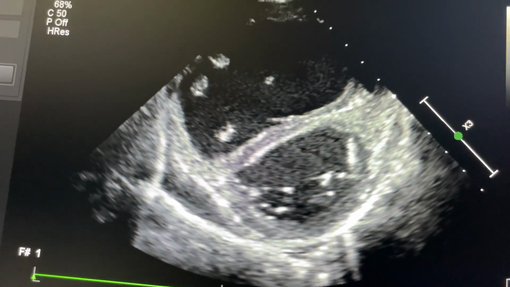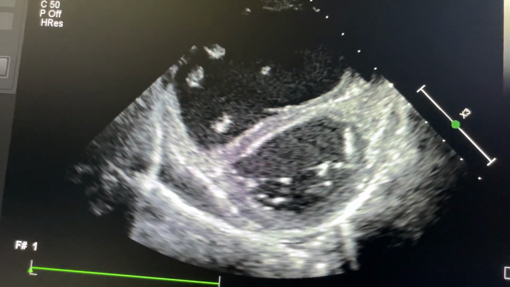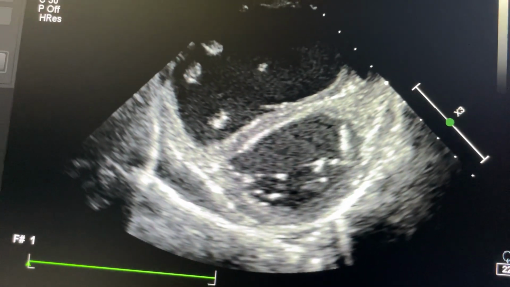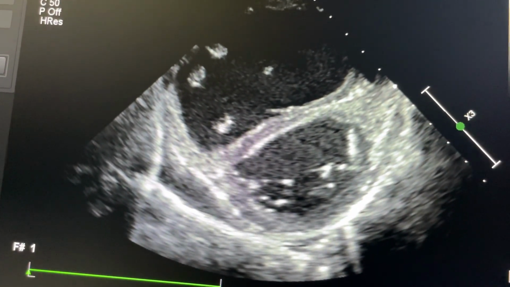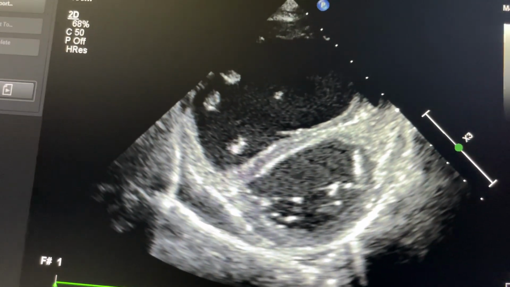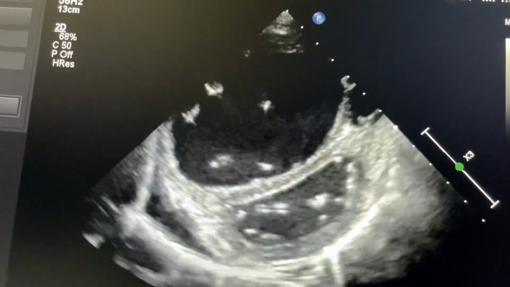Finally the pressure overload happens, pulmonary artery pressure rises, and finally significant or severe pulmonary artery hypertension develops, and that is called right ventricle pressure overload. In this case we get right ventricle pressure overload.